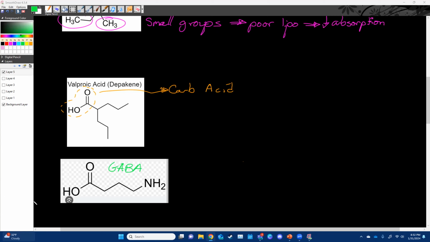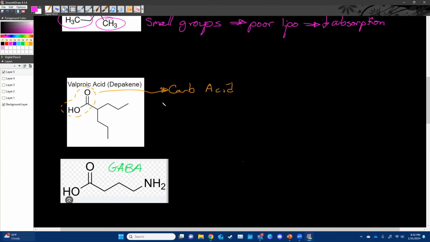Whereas GABA kind of forms the zwitterion, valproic acid is literally just a very, very simple drug. A couple of things to note about it is that we have nice long chains. So that means its primary metabolism is going to be aliphatic hydroxylation and direct phase 2.